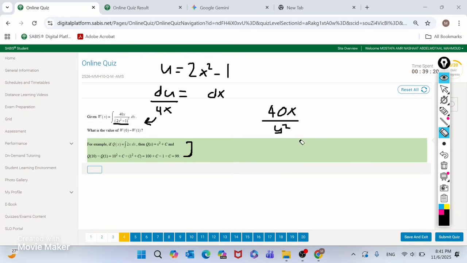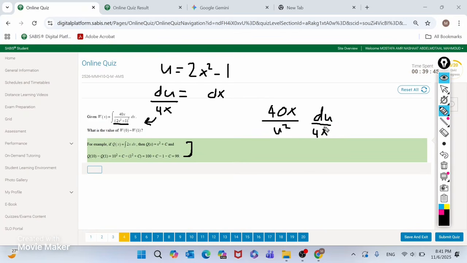Wait. Say u squared. And then you put dx is equal to du over 4x, yeah? So you put du over 4x in dx, so du over 4x.